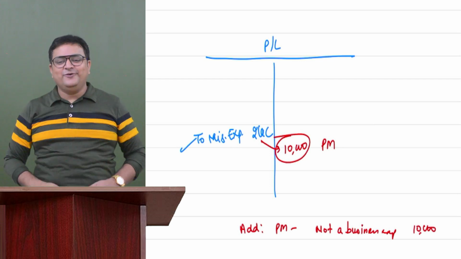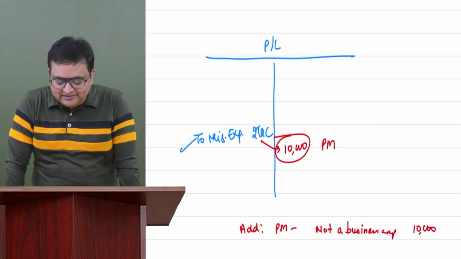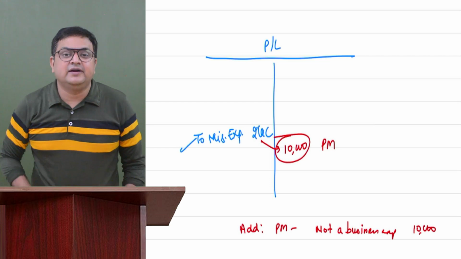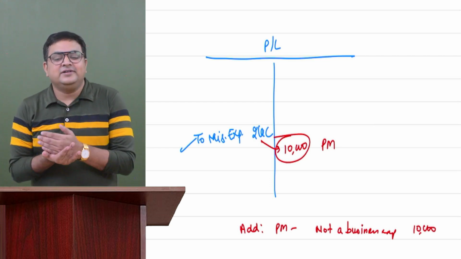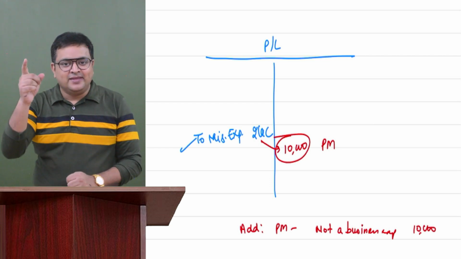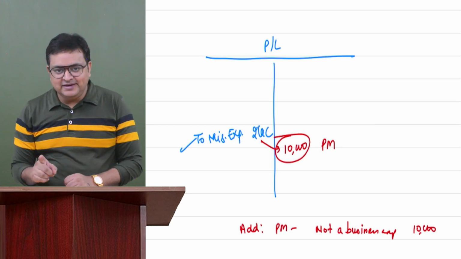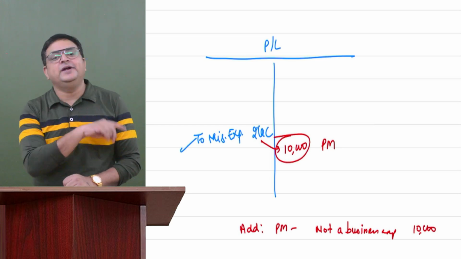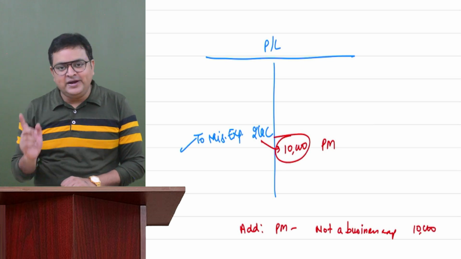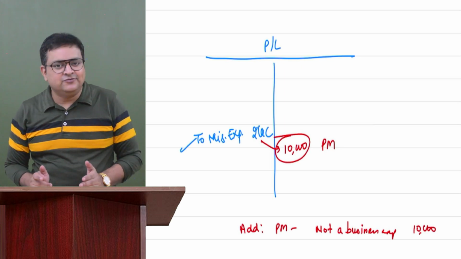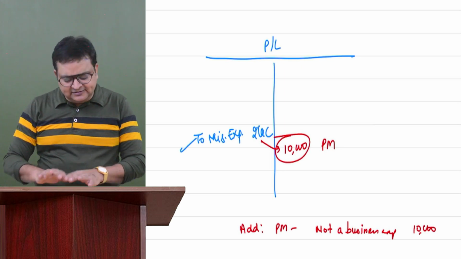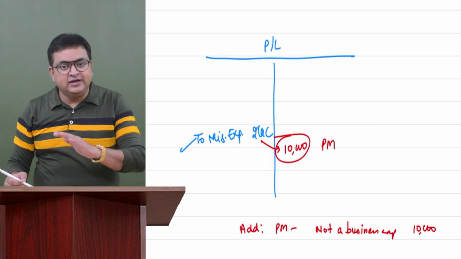Now, we know that whenever an assessee contributes to Prime Minister National Relief Fund, there is a deduction under section 80G. But 80G is only allowed under the optional tax regime, if the assessee has opted out from the default tax regime. If the assessee is following the default tax regime, just disallow this 10,000 and do not give 80G deduction.